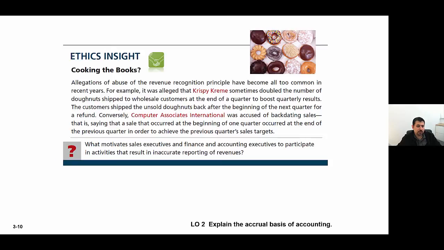It's not just a huge sale, but it's also on account, without taking into consideration the risk of people defaulting and not paying their debts in the future. So their earnings will rise a lot at that point, and they will meet the financial analyst forecast.